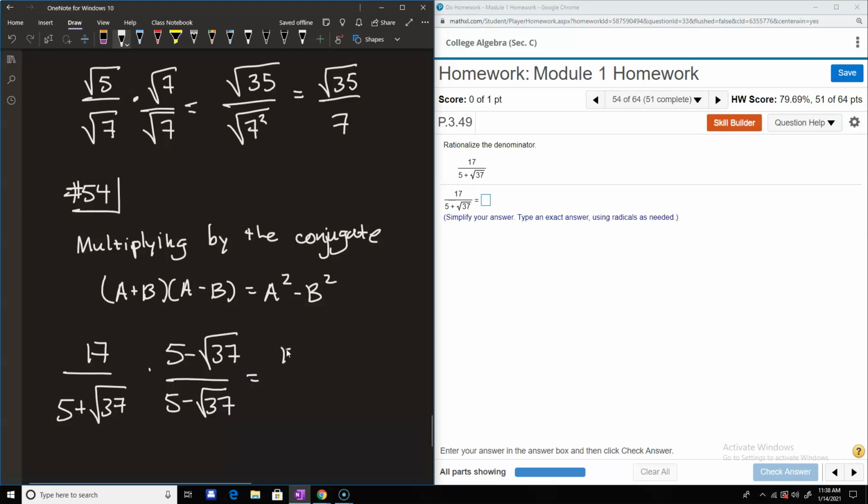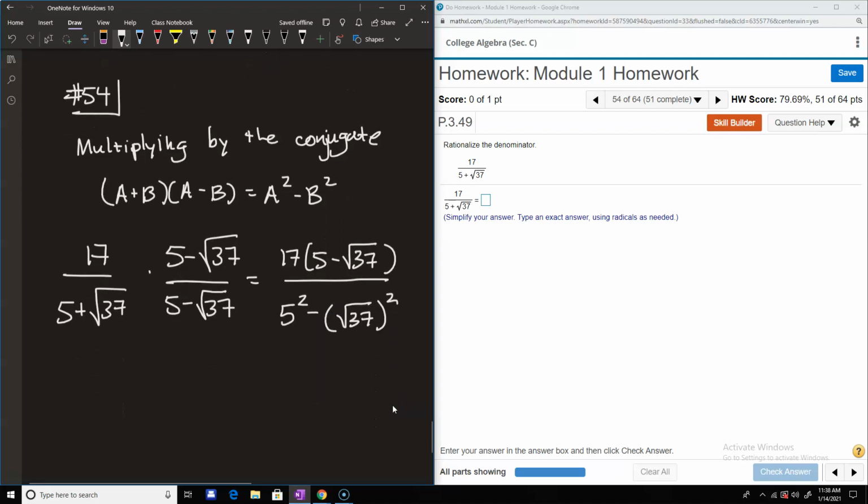So then on top, I just have 17, and I need to distribute that to 5 minus the square root of 37, which I'll take care of in a moment. But on the bottom, I will end up with 5 squared minus the square root of 37 squared from multiplying by the conjugate.